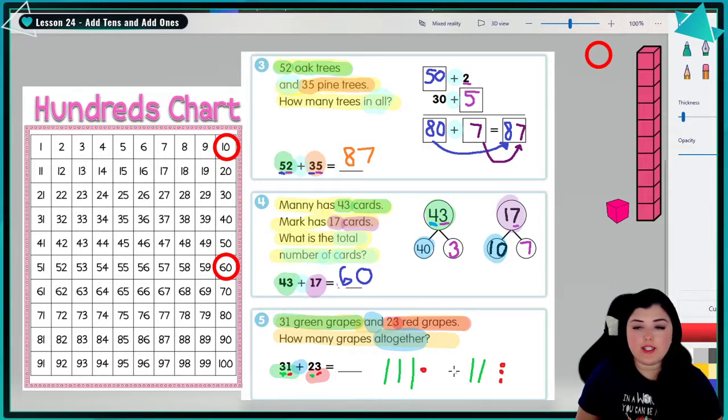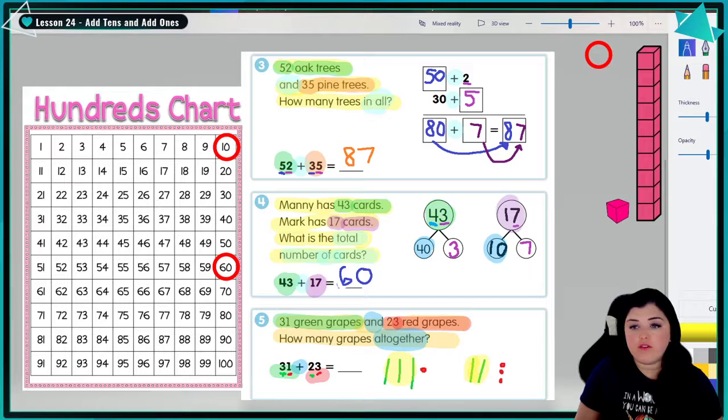Next, I want to bring my tens together. So let's count. Remember, we have to add the sticks with the sticks and the circles with the circles, our tens with the tens and our ones with the ones. So let's look at that. We have 3 tens. So 3 plus 2 more: 3, 4, 5.